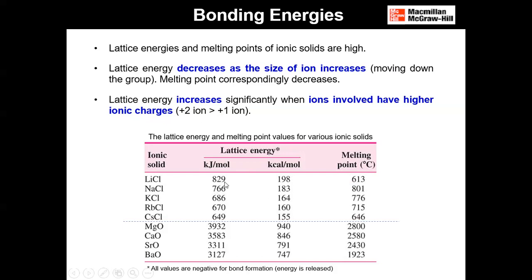Lattice energy also, if you look at the kilojoules per mole, is much greater. Mg is 2+ and Li is 1+, so that's why it is much higher, 3932, compared to lithium.